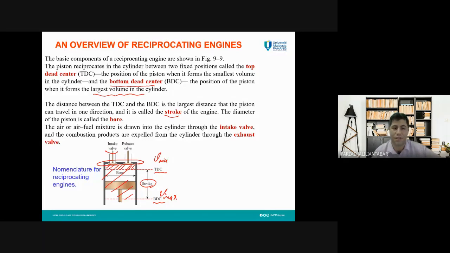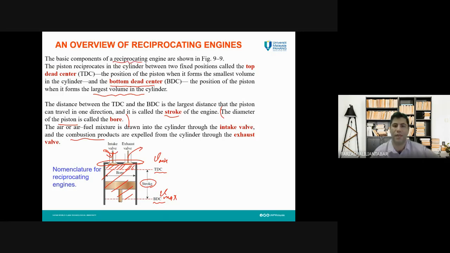The other important thing about the internal combustion engine is the bore, which is the diameter of the piston. And as I said, the air-fuel mixture comes into the system from the intake valve, and the combustion products go out of the system through the exhaust valve.